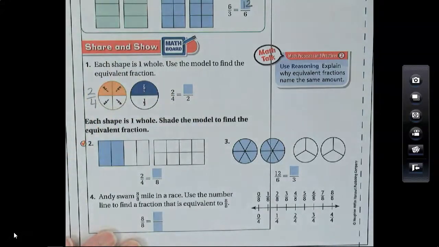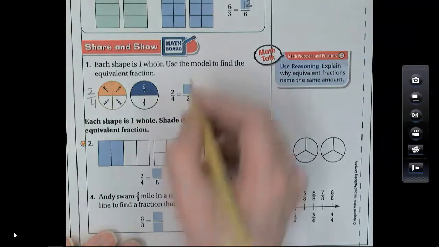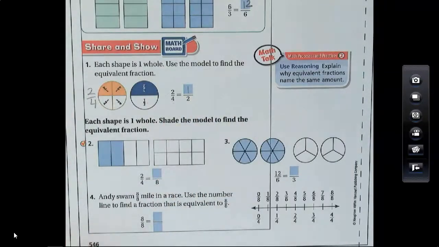Now if you look at this one, it's cut in half. There's 2 pieces. Out of those 2 pieces, one of them is shaded in. So the fraction of this shaded in would be 1/2. And it's quite obvious to see that these circles are the same size.